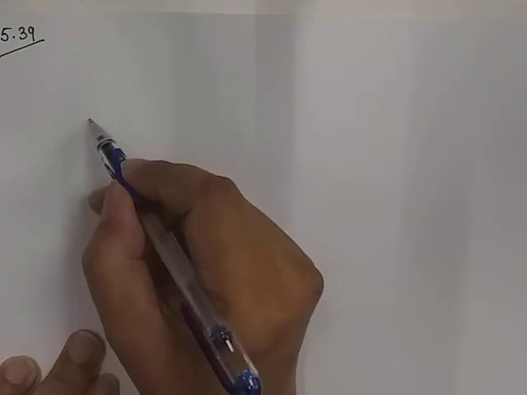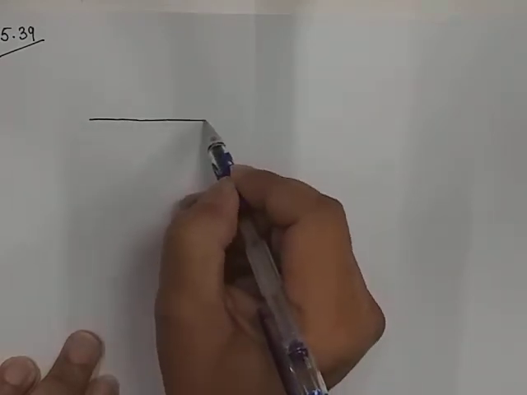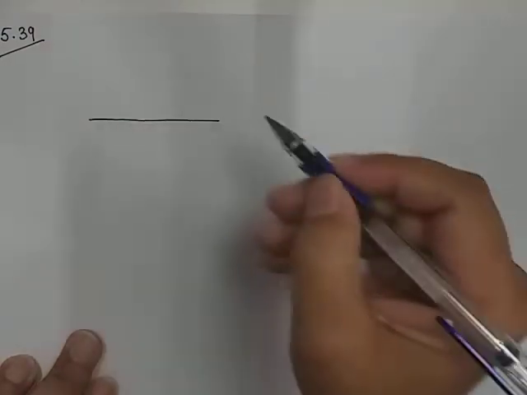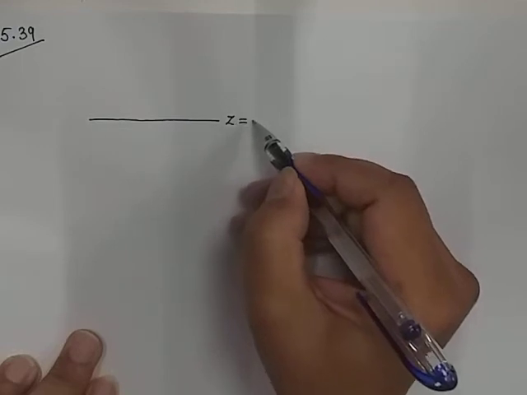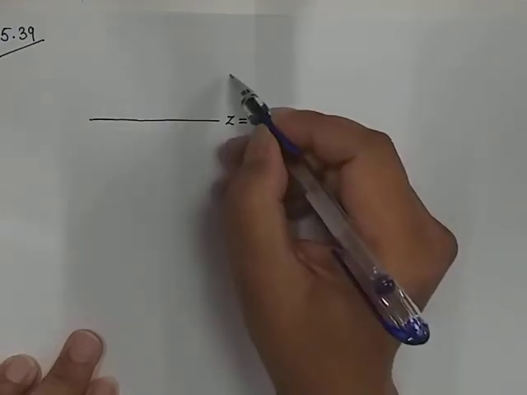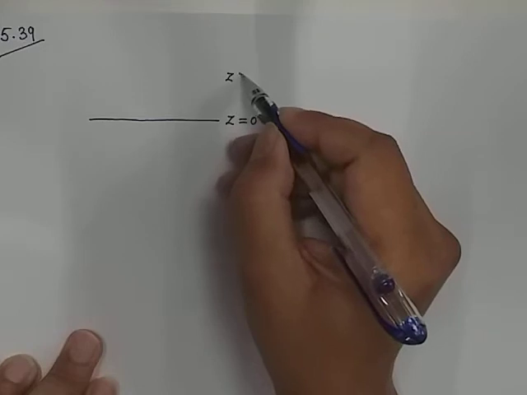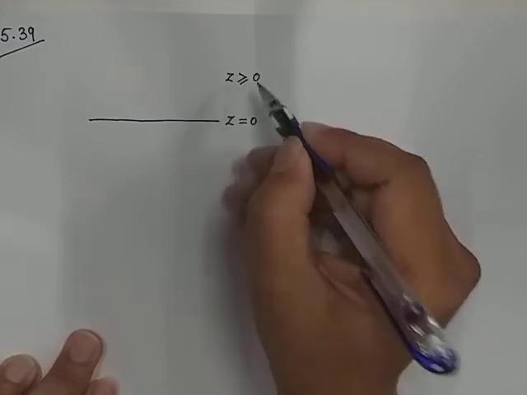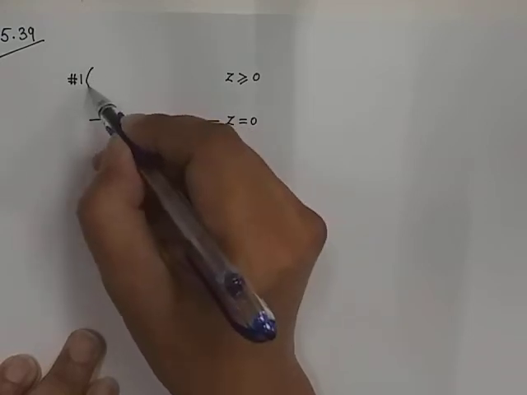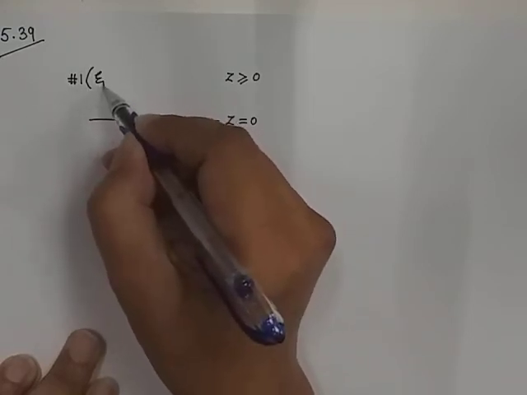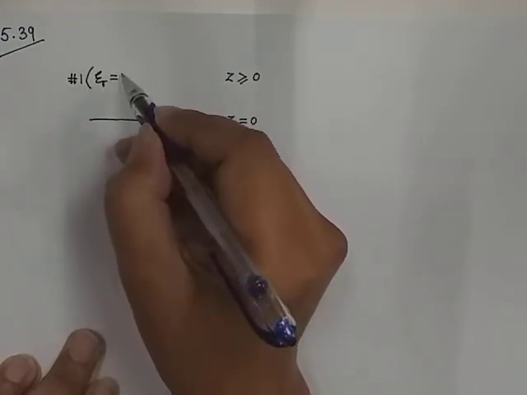So I'm going to draw the boundary as shown in my lecture, flat like this. So region number 1. This boundary is given by definition Z equal to 0. Z greater than 0 is defined as region number 1, and for region number 1, the dielectric constant epsilon r is given equal to 4.